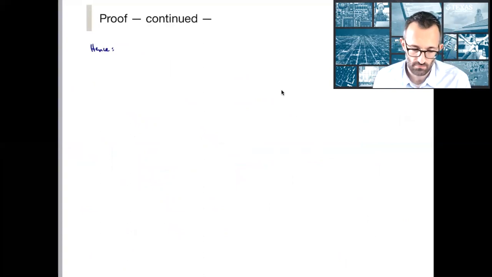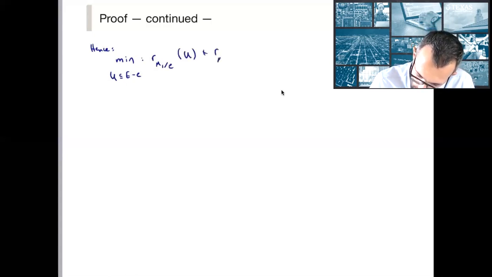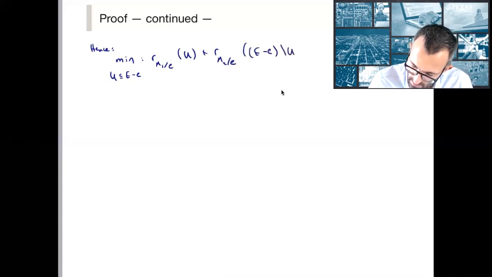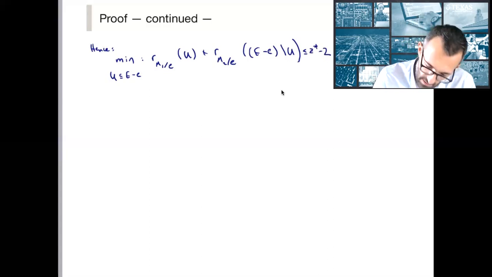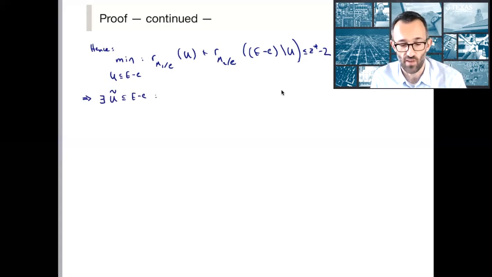So again, we conclude that that minimization that I had written on the previous slide, M1 contracting E of U plus M2 contracting E in the complement in the reduced ground set, is less than or equal to Z star minus 2, which means that there exists some U tilde, a subset of E minus E, for which this minimum takes value at most Z star minus 2.